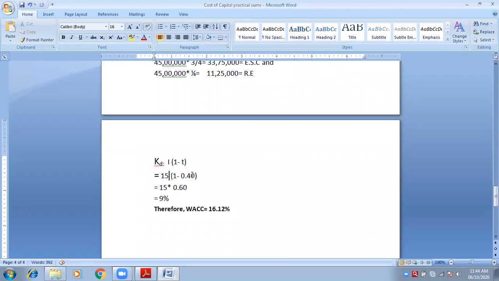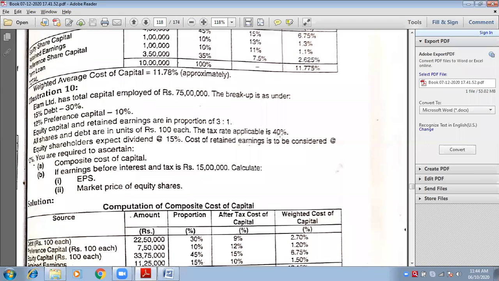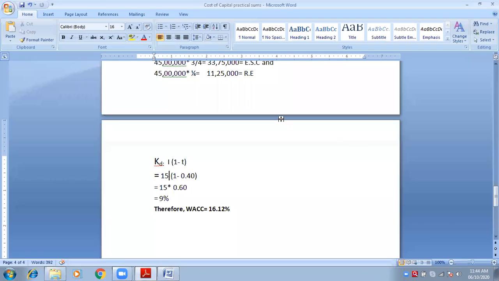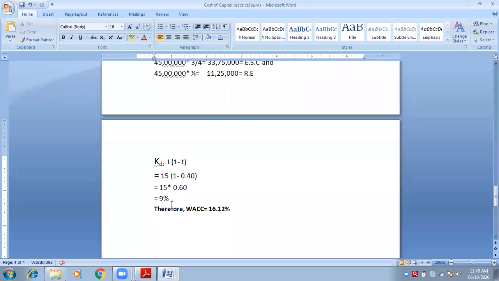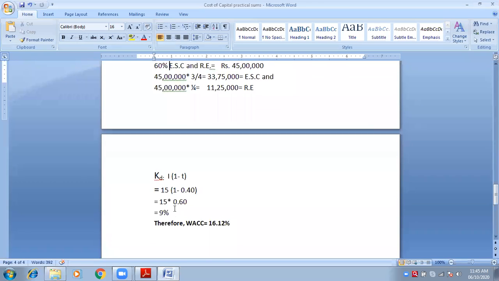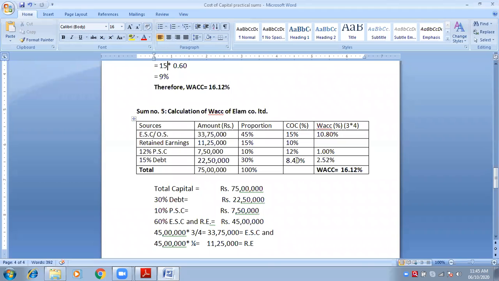What is T? क्या मालूम मैम? देखो T यहाँ पे दिया हुआ है 40%. ठीक है. So 1 minus 0.4 is 0.60. So 15 into 0.60 is how much? 9%. Very good. So this 9 has to be taken here. Now you calculate the WACC and let me know the final answer of that.